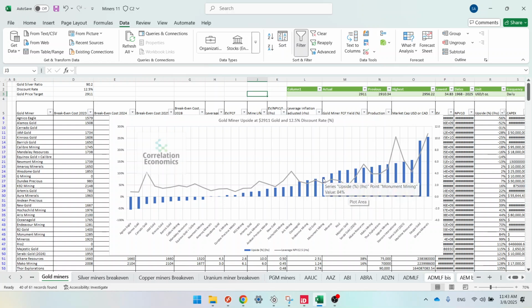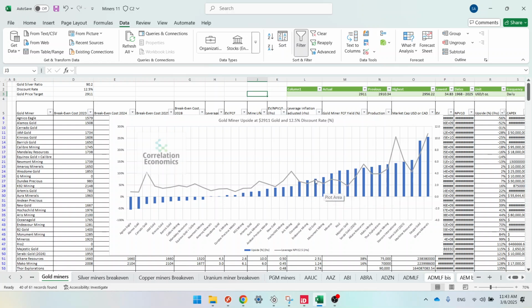Monument Mining, for example, has now less leverage, 80% only, and also 80% upside, and leverage is only 2.2. So I wouldn't choose this one for a gold bull market. B2 Gold is okay.